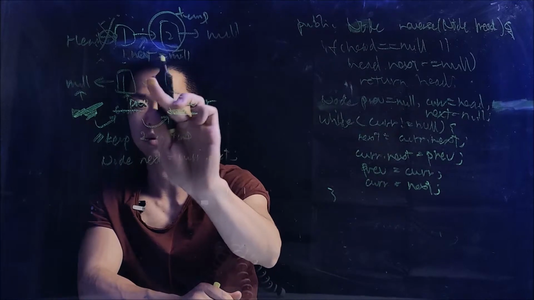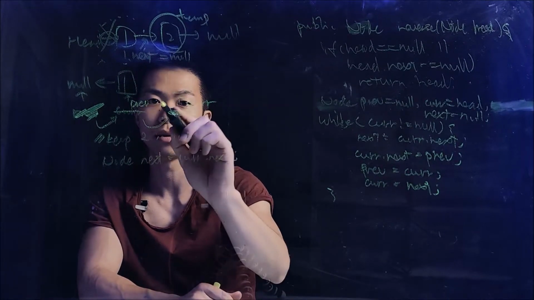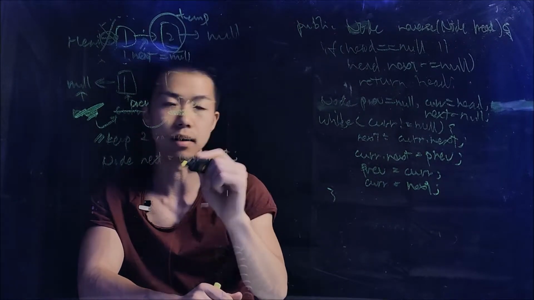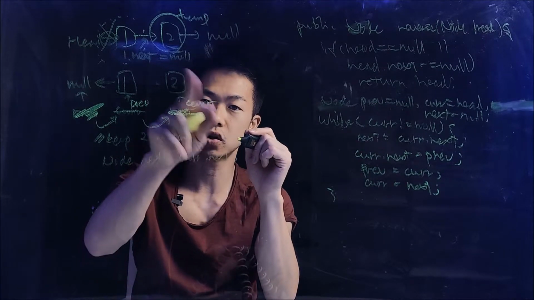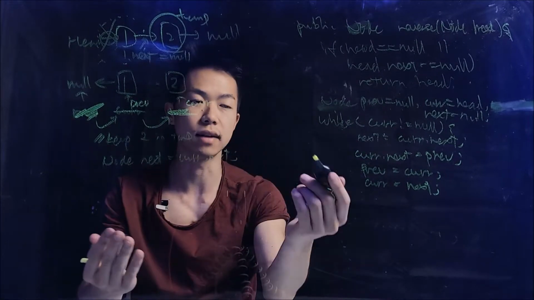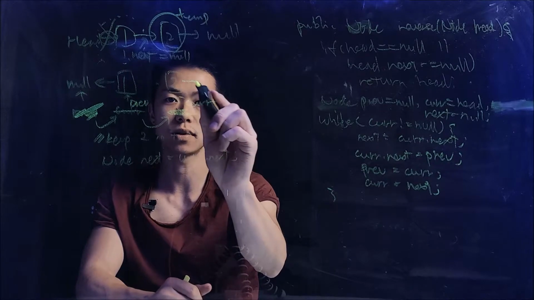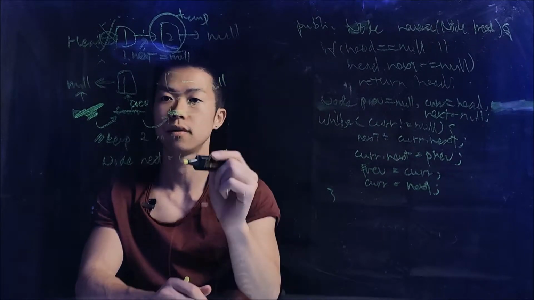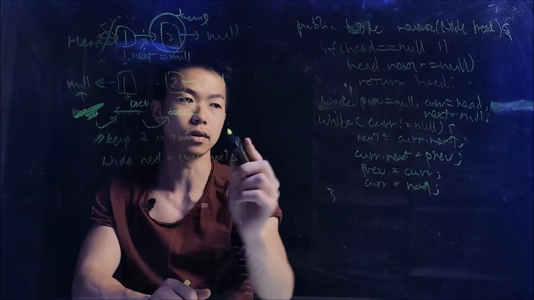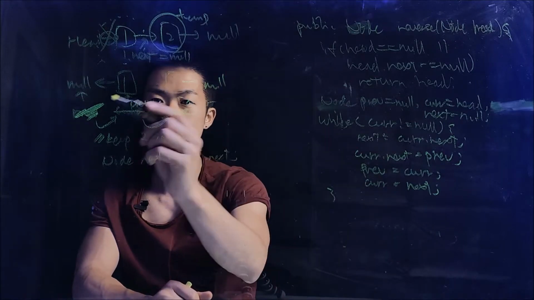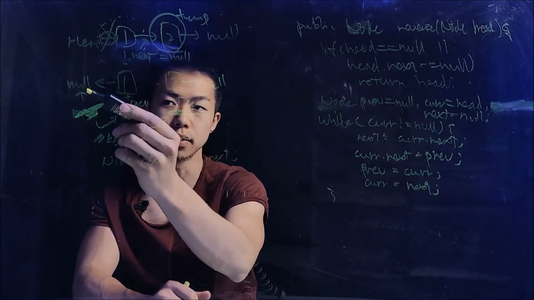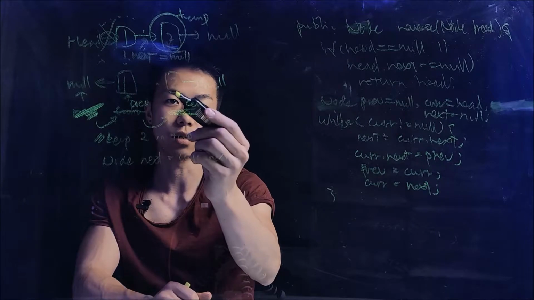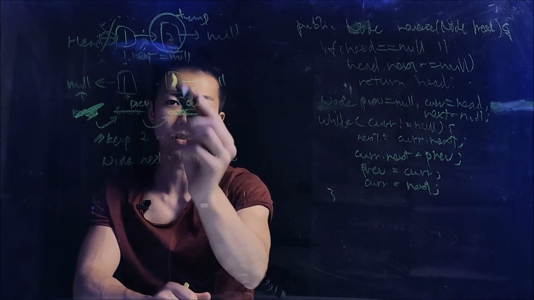So we handle this already here, and then we don't have any connection right now here because we kept 2 in next, but we haven't done that connecting back. It's still pointed to null. So this is the end of the first iteration. This is state 1. 1.next is pointed to null, and 2.next is pointed to null, and there is no connection.